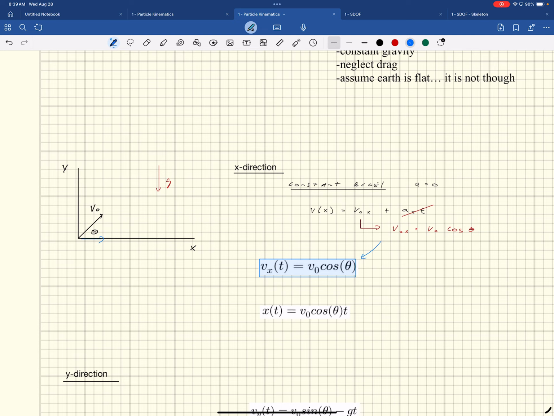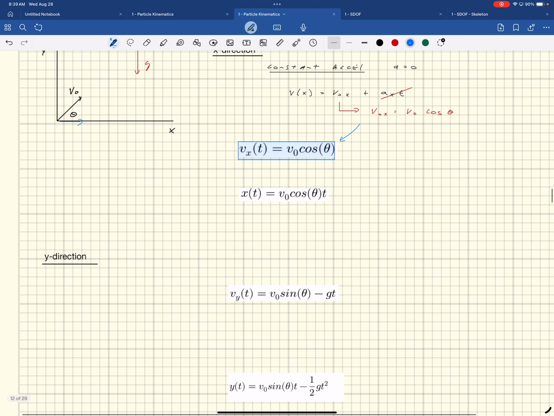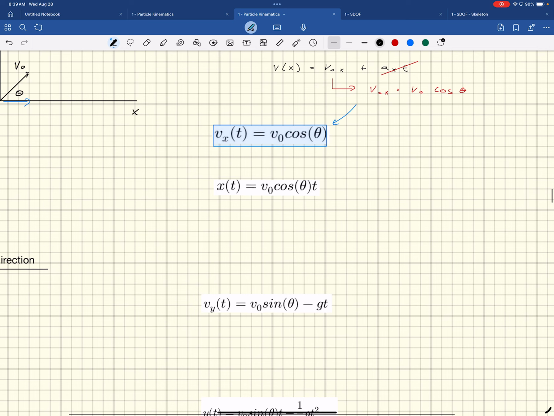I'm going to be doing lots of trig stuff in here, so hopefully you're good with that, right? All right, same thing with position. We had an equation before. X as a function of time would be x naught plus v naught x times time plus 1/2 a_x t squared. Again, that guy's 0.